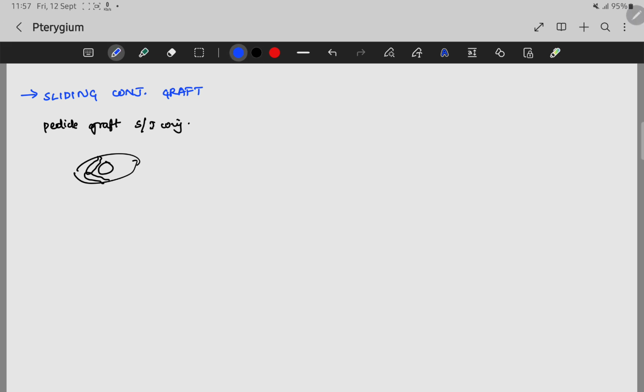Then we have the conjunctival autograft. When the limbus is unhealthy, we will just take the conjunctival autograft. Instead of taking from the limbus, we will take just the conjunctiva.